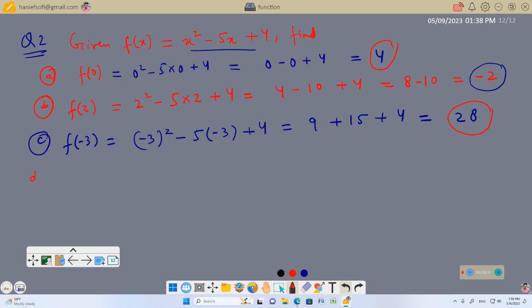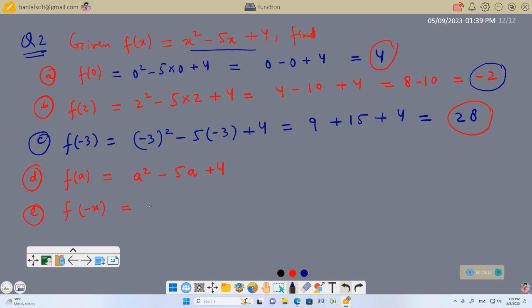Let us do another thing. D, what is f of a? That means instead of x, I have to write a. That is a square minus 5a plus 4. So this is my answer. Let us do another thing. F of minus x. We have to put minus x instead of x.